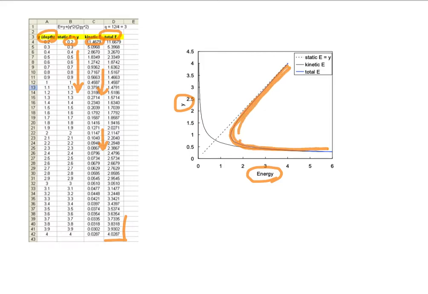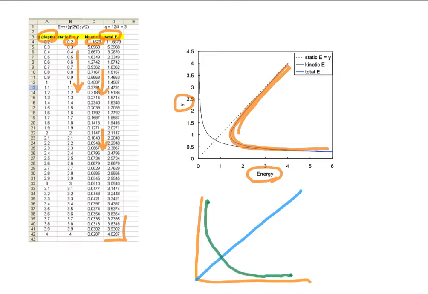Okay, so the rule of thumb is, if you draw this, please make sure the static energy is drawn like this, a straight line from the origin. The kinetic energy you may draw like this, a curve from the x axis to the right side. And if you are asked to draw the total energy line, please draw it like this.